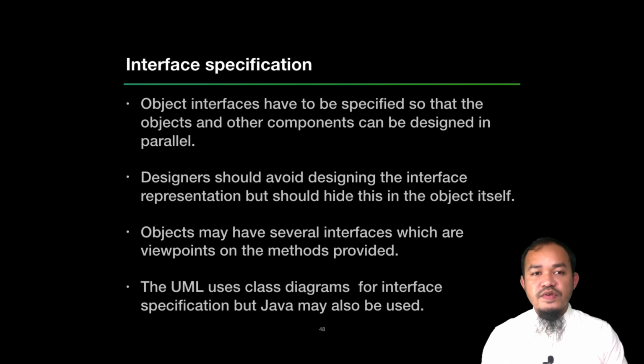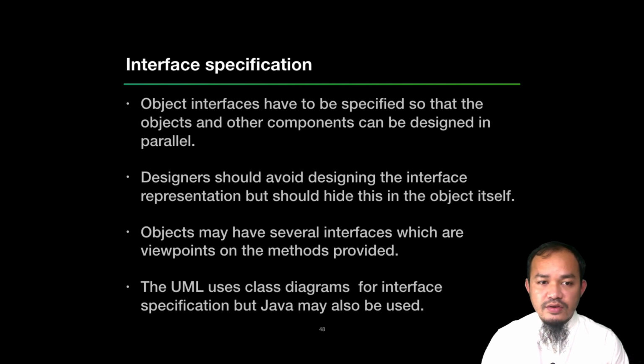Interface specification. There are many kinds of interfaces used to describe the component. The main point is about the interface of the component, identifying the object interface so that the object and other components can be designed in parallel.